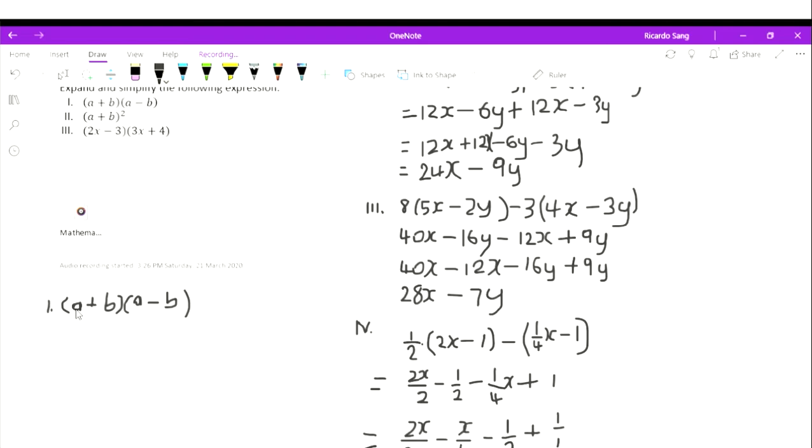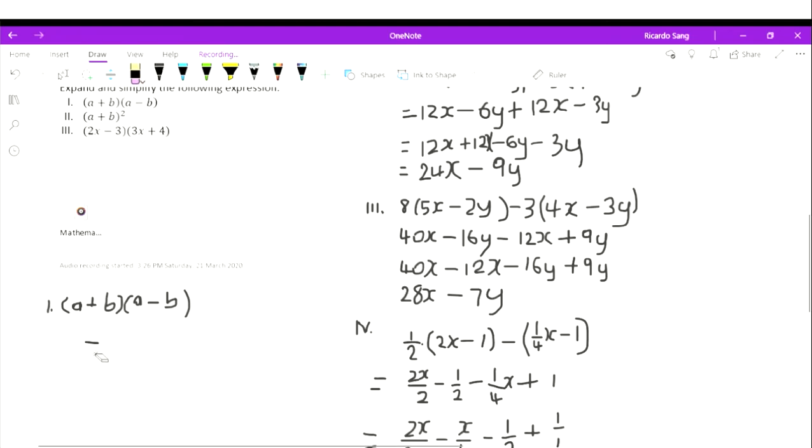What we are saying here is that the A is going to multiply every member of the second bracket. Then the B is going to multiply every member of the second bracket.